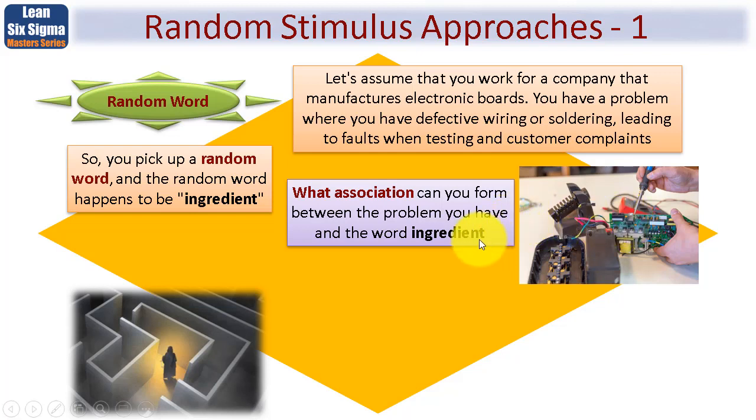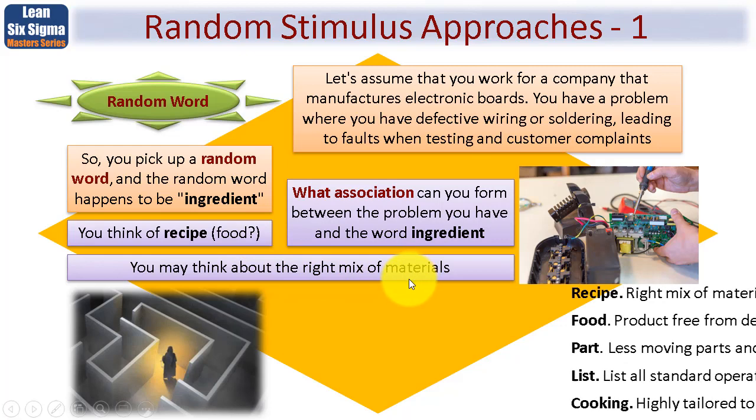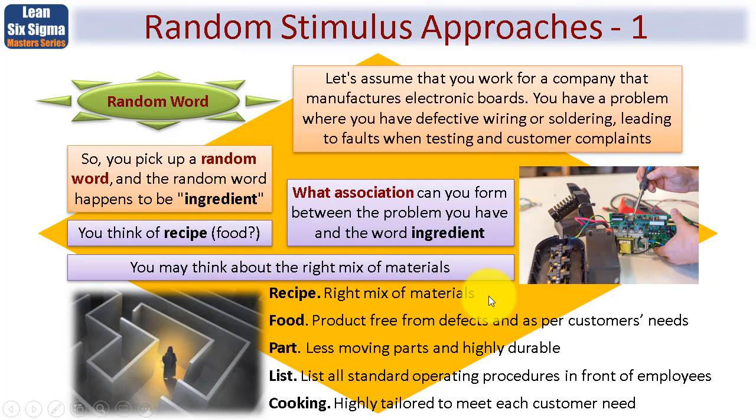I certainly did. Being an enthusiastic yet amateur cook, you may think about the right mix of materials. Yes, I certainly would. Or ingredients, if you will. So here's some of the way in which the random word of ingredient, perhaps in the creation of a particular dish that you're preparing for your family tonight, you've first of all got the recipe, which is the right mix of materials, the food of course.